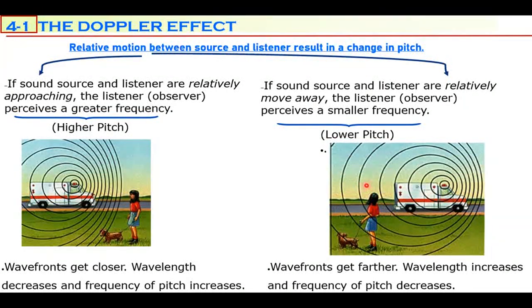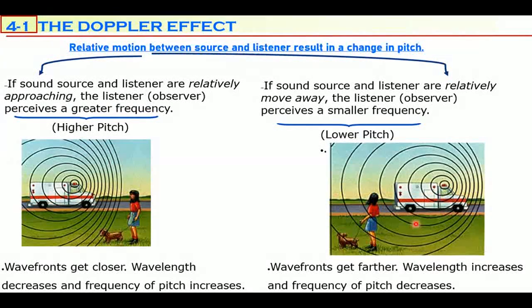Wavelength becomes longer according to this observer, and for that reason, frequency becomes smaller, so it is a lower pitch. Wavelengths get farther, and then wavelength increases. As wavelength increases, the frequency of the pitch for this observer decreases. And that's why this observer will hear a lower pitch when this ambulance is moving away.